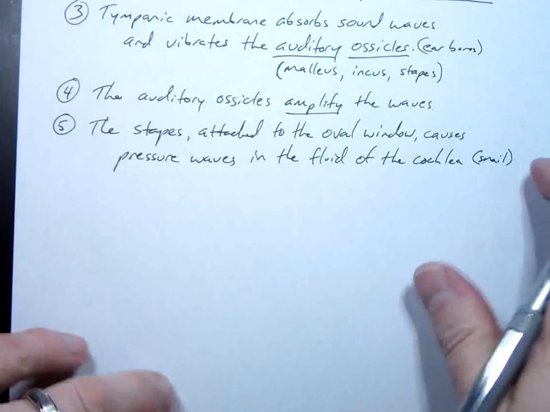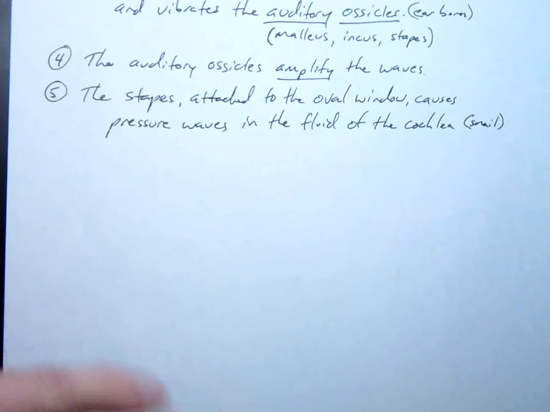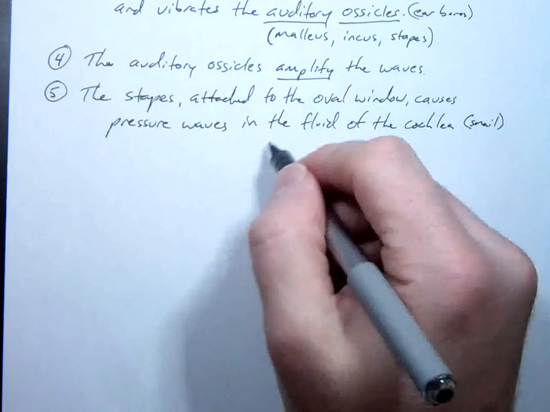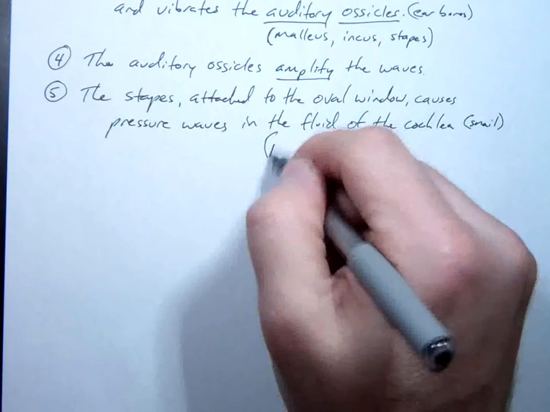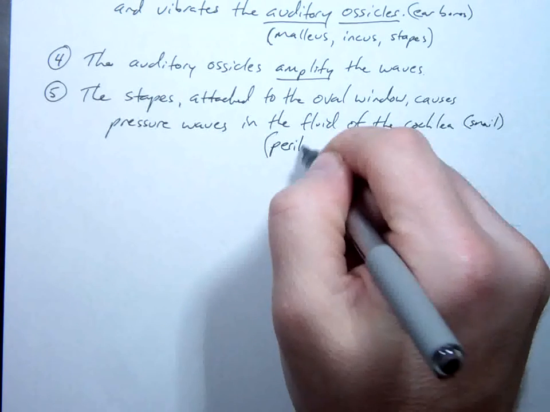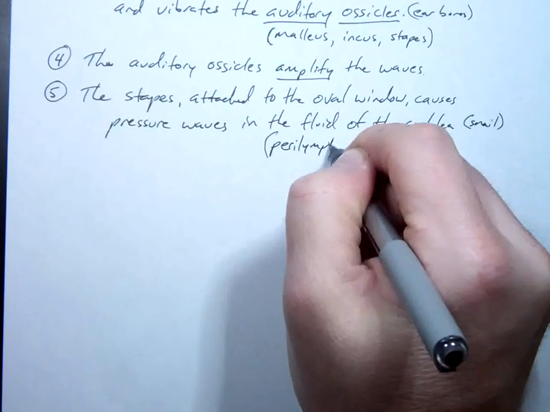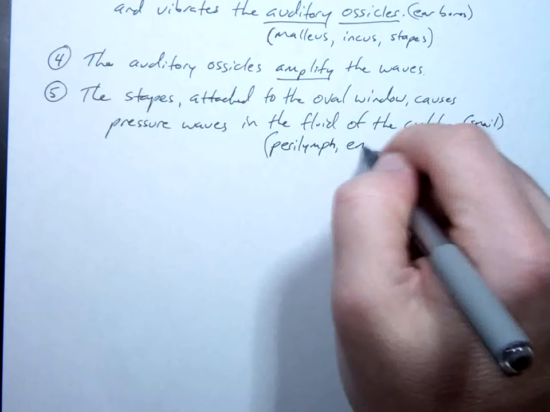Snail looking thing. The fluid, I'm going to put in parentheses, two different kinds. One called perilymph and one called endolymph.